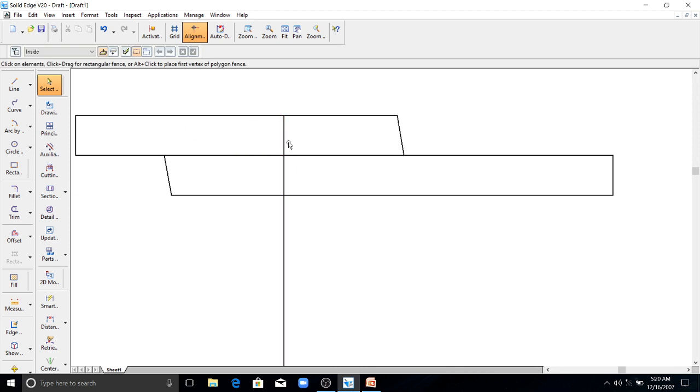Now you have to concentrate on drawing the rivet. The diameter of the rivet, we got it as 18 millimeter. So I will draw 9 mm from here.